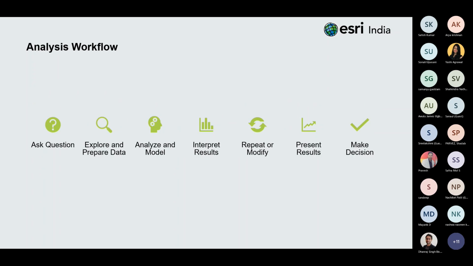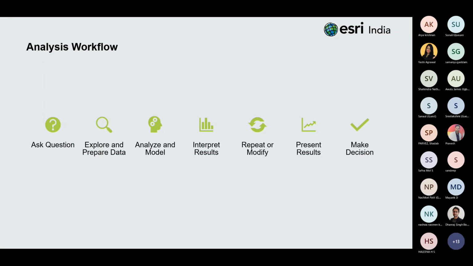Now, what is the general workflow for performing an analysis? The first step is asking the relevant question. If we are talking about the cholera example I gave in the beginning, the question in that case would be: which part of the population is more highly affected than the other?